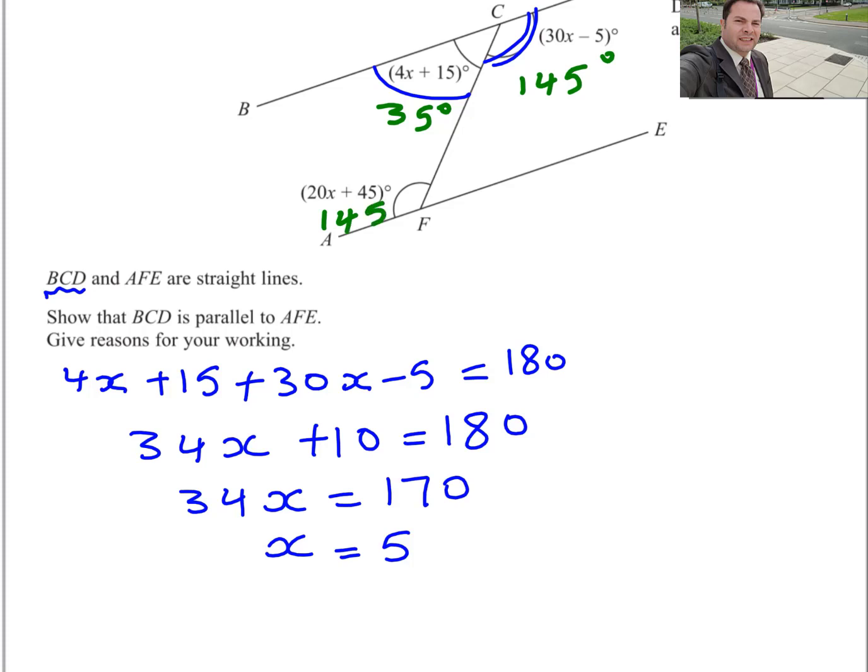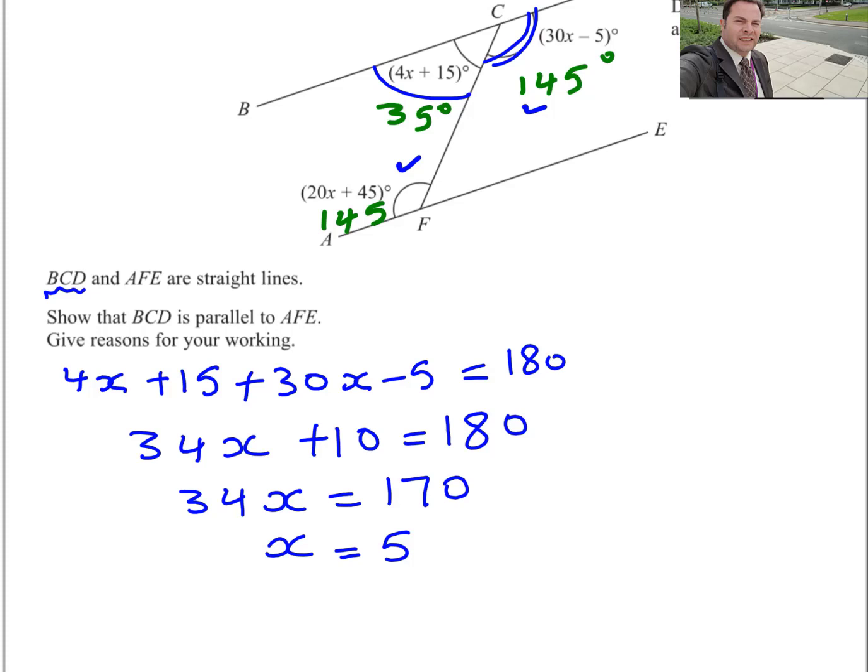To show that these two lines are parallel, you have to get two angles that are alternate, or two angles whose sum is equal to 180. Let's say I will look at this angle and this angle. They are equal.